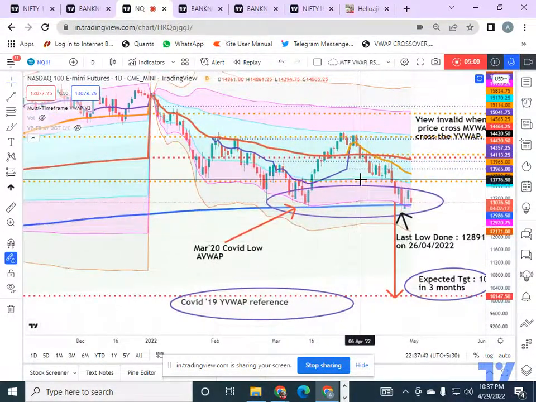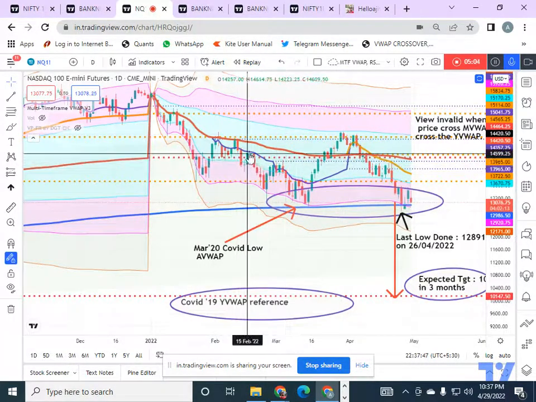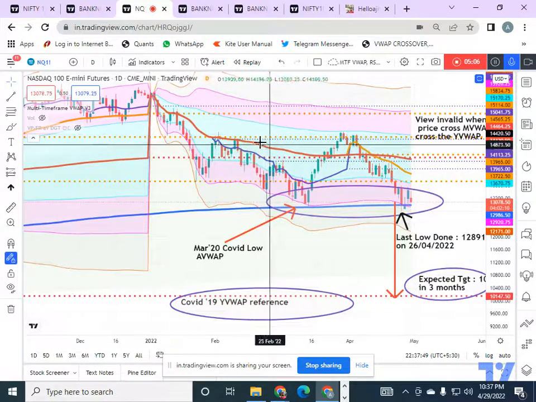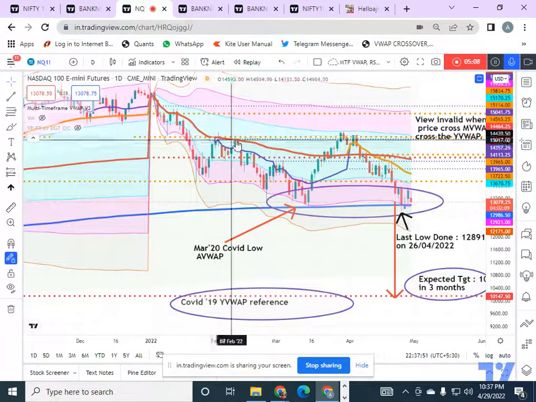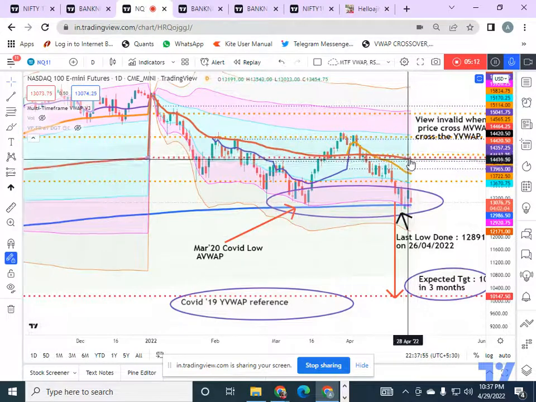But in the present VWAP formation, this red color line is the present yearly VWAP. It has already crossed the previous year VWAP with heavy volumes. That is a good sign for bears and a bad sign for bulls.